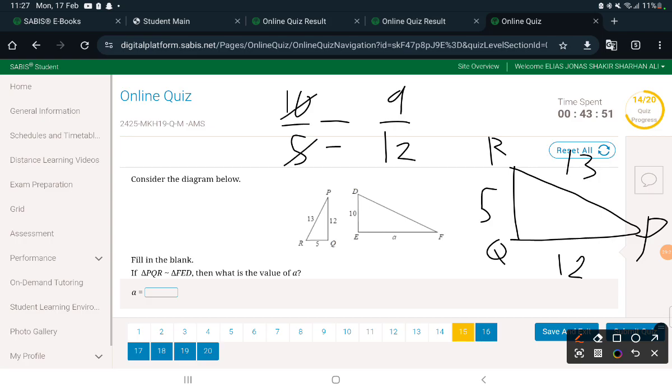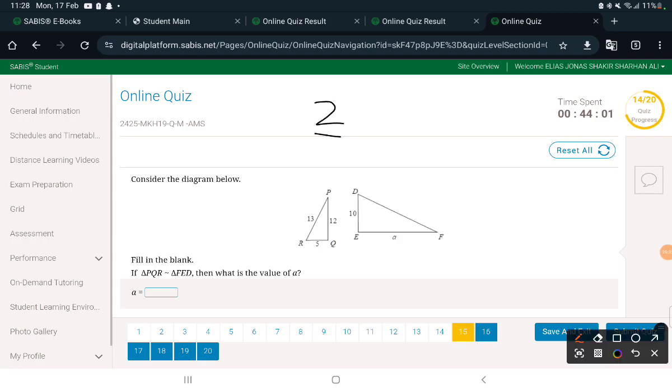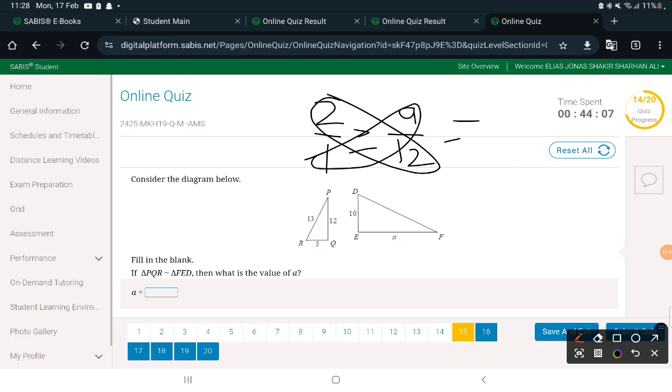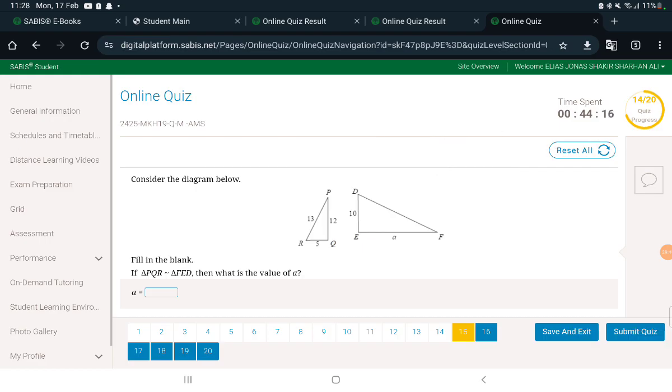Divide by 5 up and down, you'll have 2 over 1 equals A over 12. Cross multiply. 2 multiplied by 12 is 24. A multiplied by 1 is A. 24 equals A. That's simple.